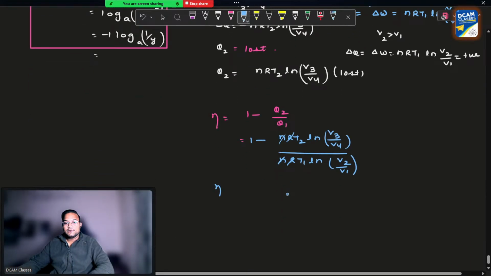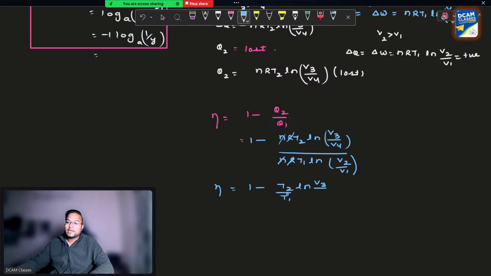So the efficiency is becoming 1 minus T2 by T1. Still there is room for cancelling out. I'll tell you how. Divided by ln V2 by V1.